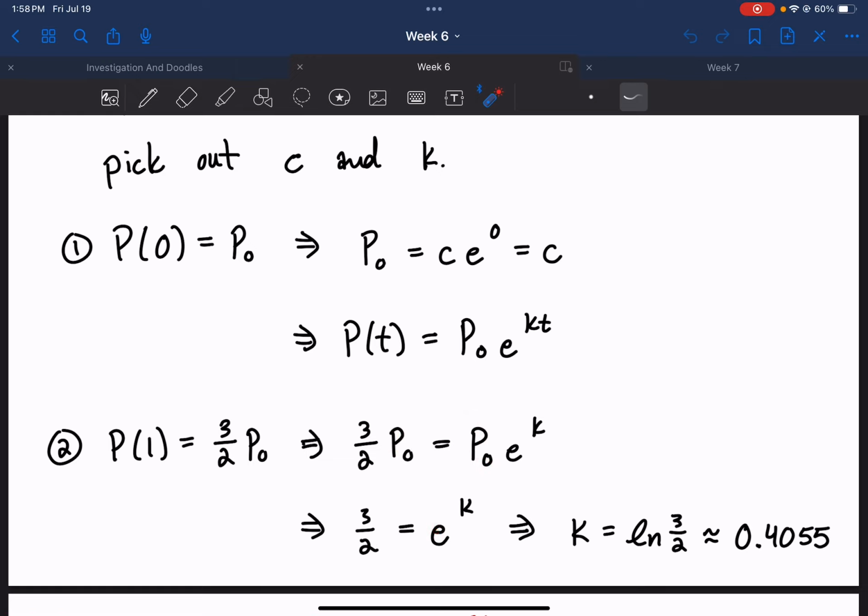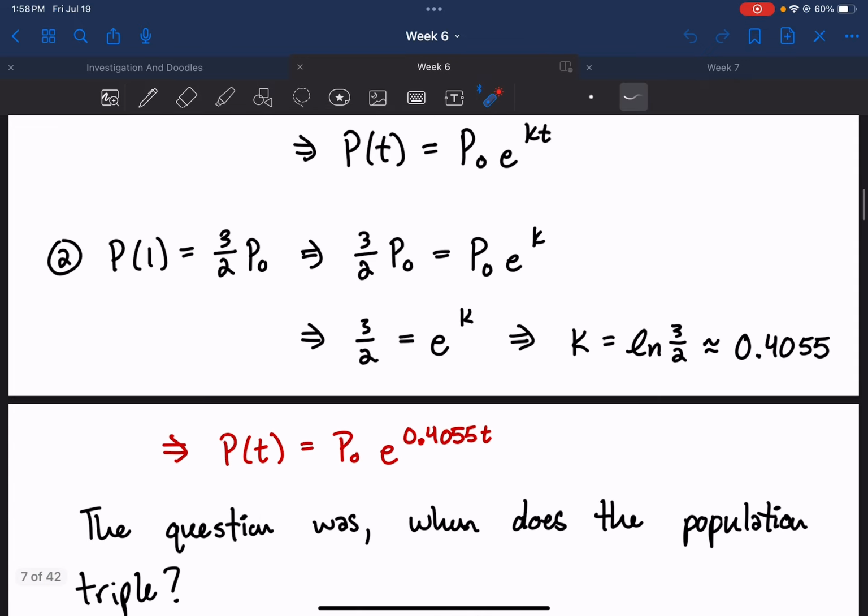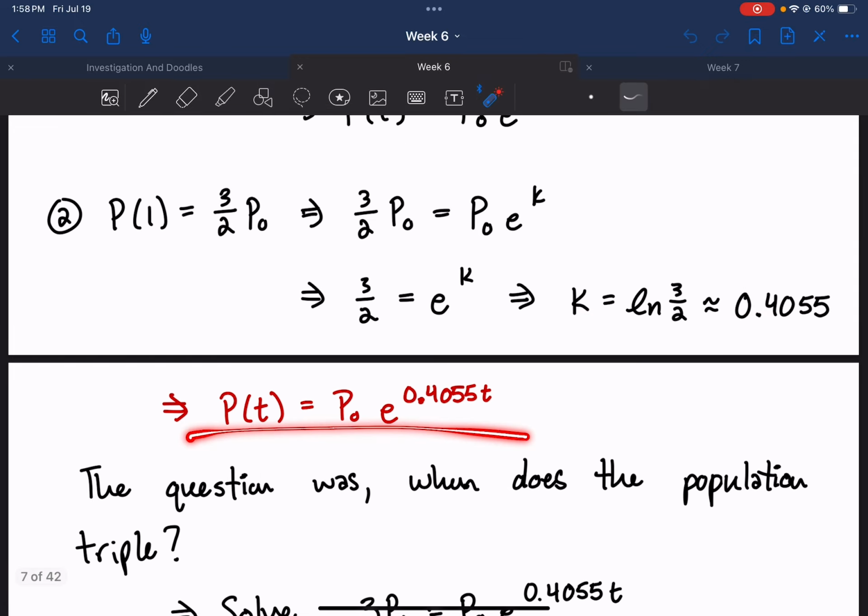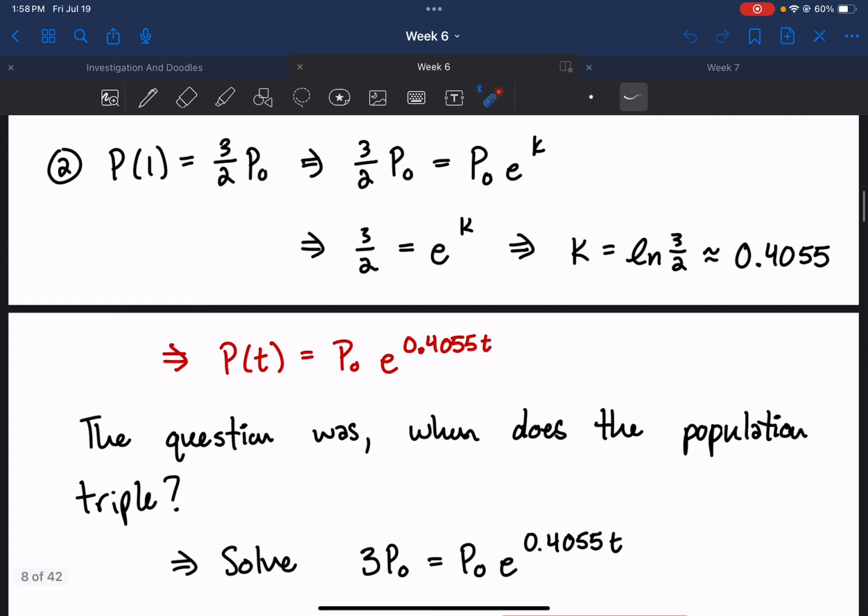Taking natural logs of both sides, k equals the natural log of 3/2, which is approximately this number. So this is k. I now have everything: P(t) equals P0 e to the stuff times t. And the question is, when does this equal 3 P0?